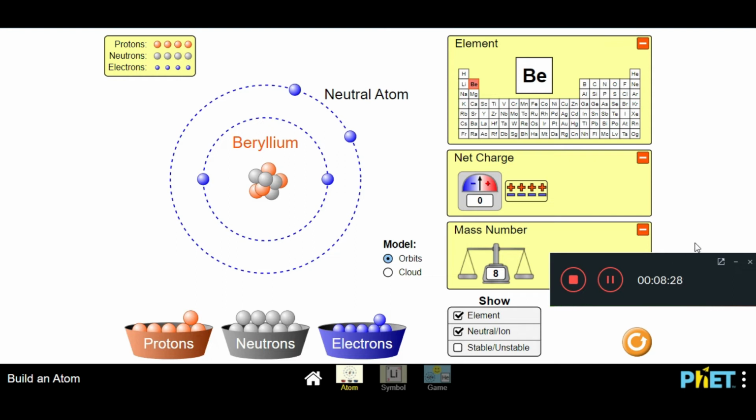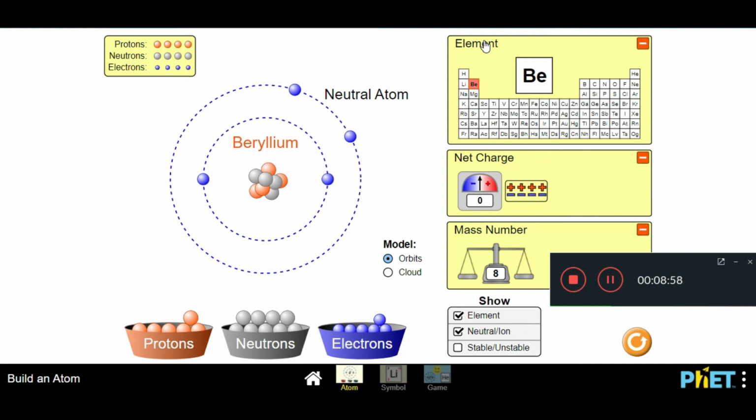Now the next thing I would like to emphasize: when the element name is still the same, beryllium, but it has a different mass number, we can call this atom an isotope of beryllium. So you can define in your own words what an isotope is.